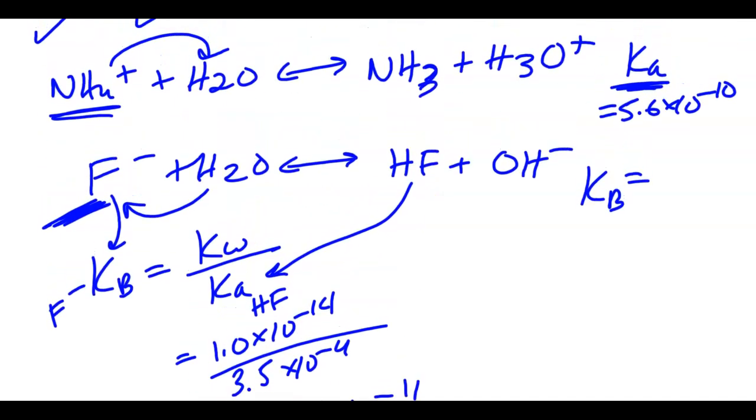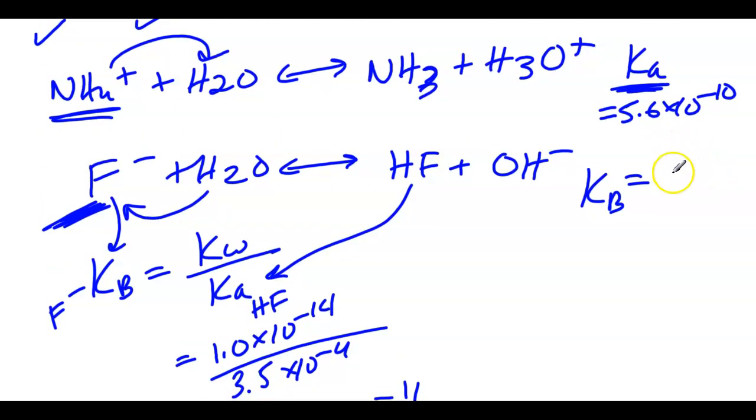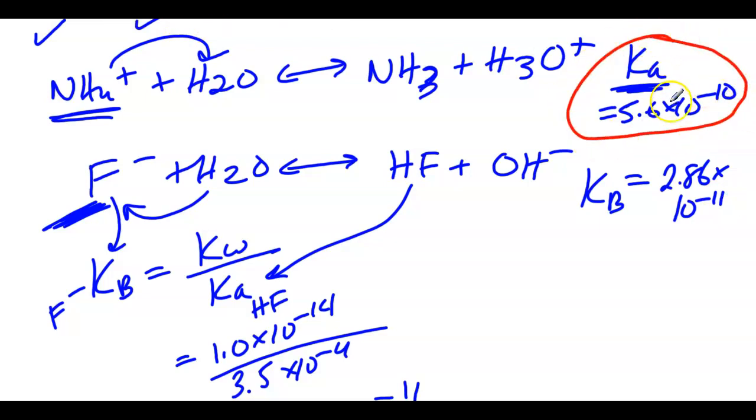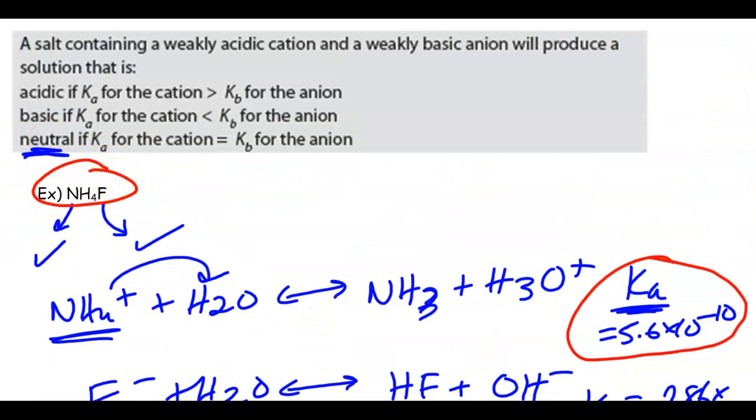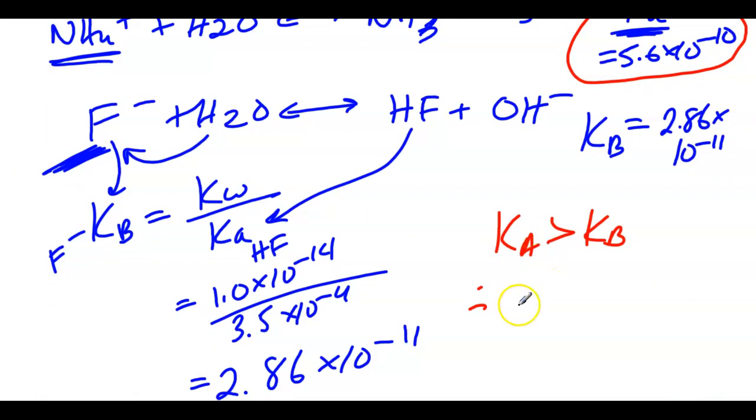So now you're just comparing them. Let me write this up here. 2.86 times 10 to the negative 11. Because the Ka is larger than the Kb, that means that when we have ammonium fluoride in water, it would create an acidic solution.